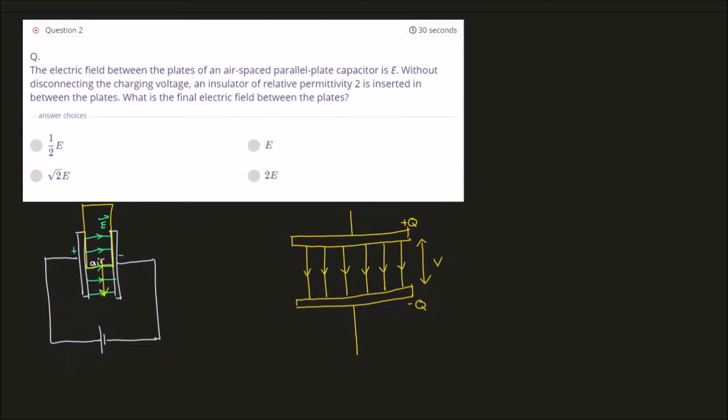Now if you add on a dielectric in between the two plates, what will happen is the molecules inside the dielectric will reorient themselves.